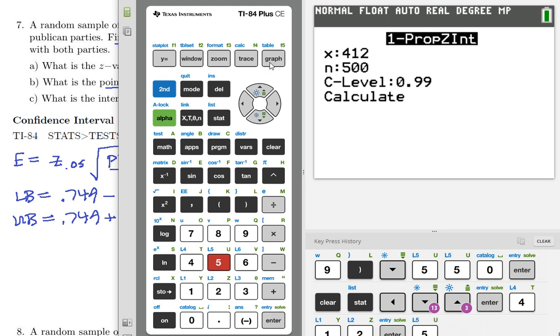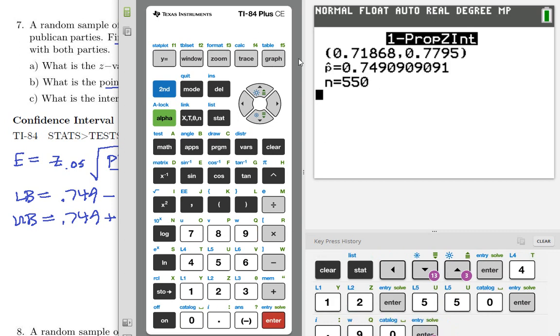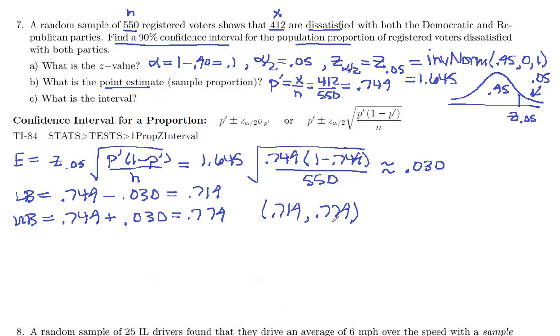Our sample size, 550. And our confidence level, 0.90. And calculate. 0.71868, that's 0.719. And 0.7795, it'd be 0.780. So 0.719 to 0.780, within 0.001. So this is agreeing.